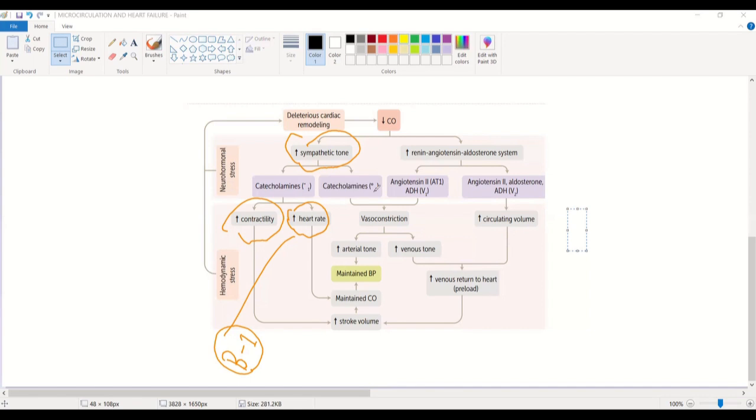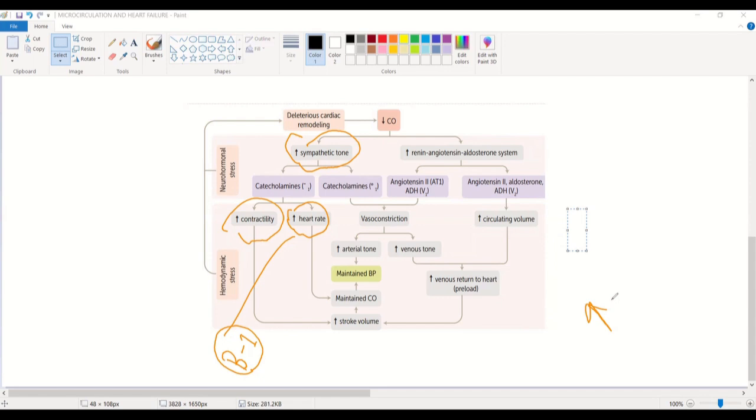These are the tests that the heart is continually facing: increased preload, increased stroke volume. If you increase the preload, it will increase the stress on the heart. The heart is already failing, right? And you are continuously giving more and more blood for the heart to pump.